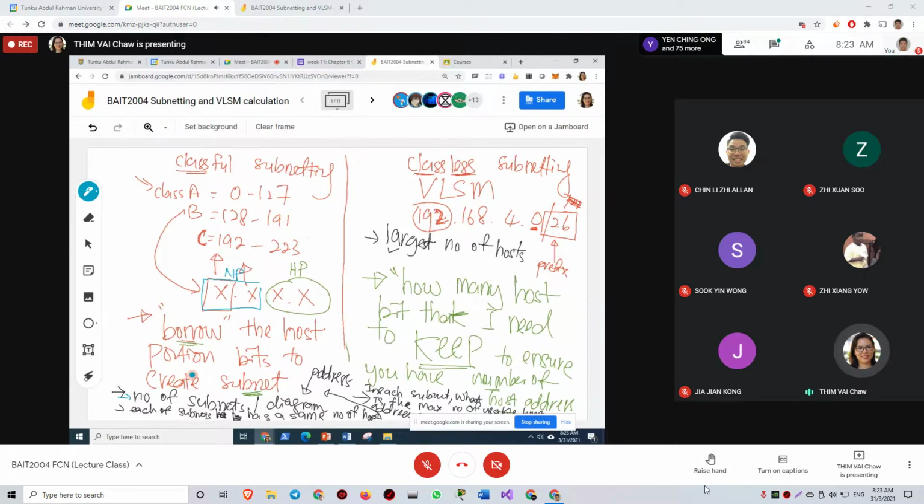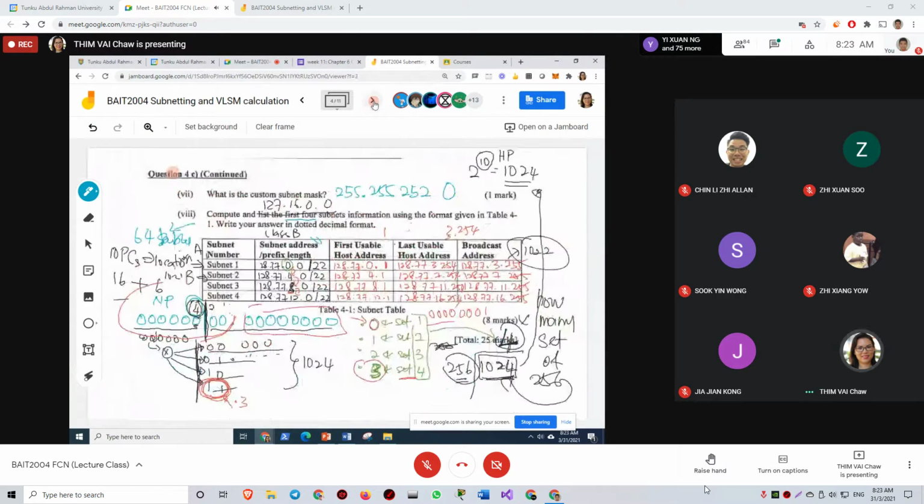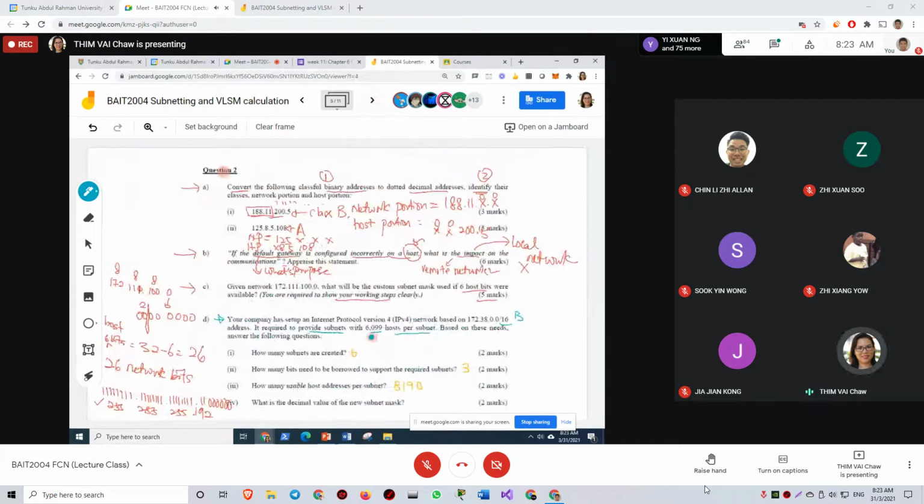So according to this question, before you can understand how many subnets are created, first of all I should think about how many bits I should keep. How many bits should I keep?